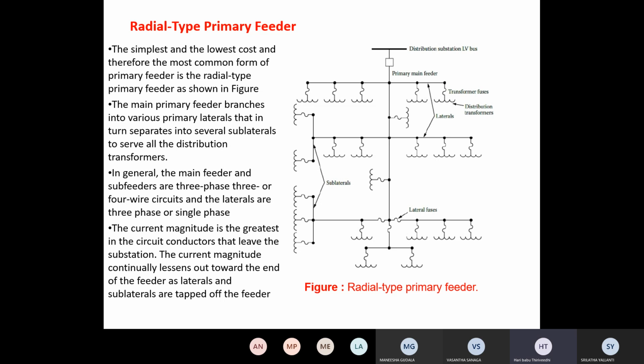The interconnected system is not in the syllabus, that's why I am not putting it in the slides. Till now we have discussed classification, design and rating, differences and connection scheme, right?